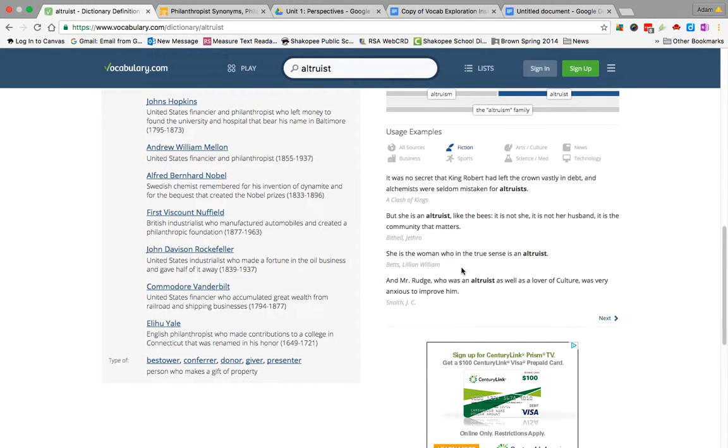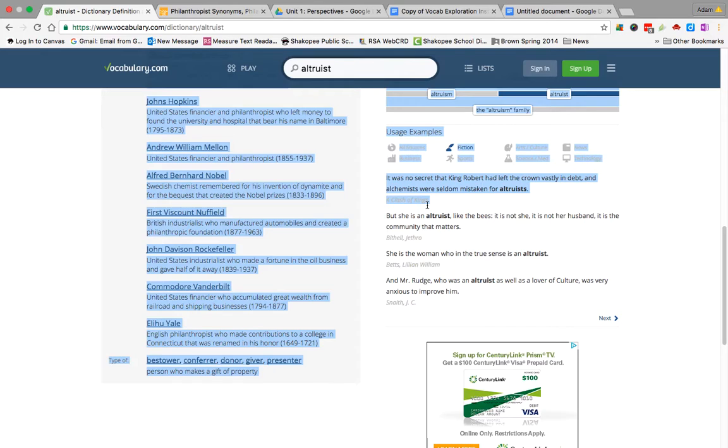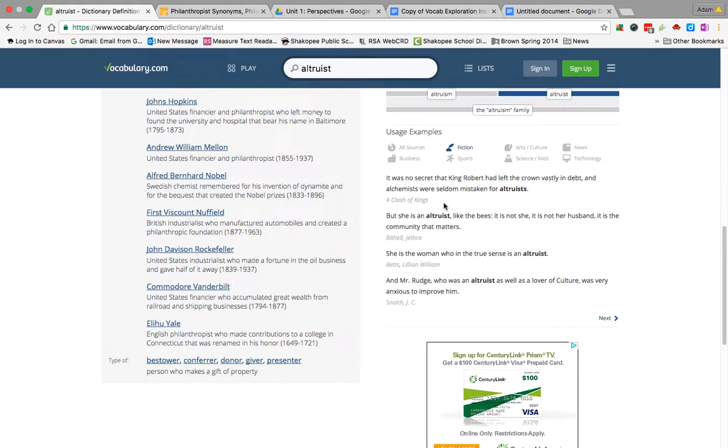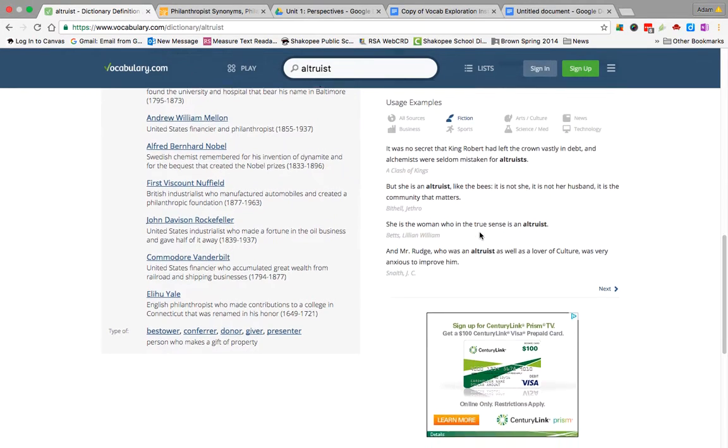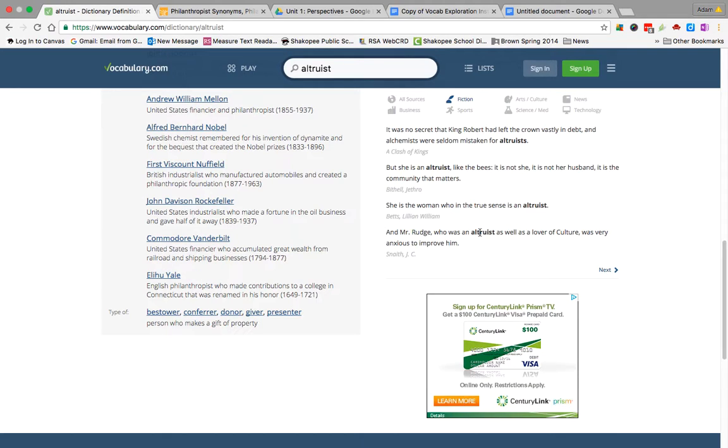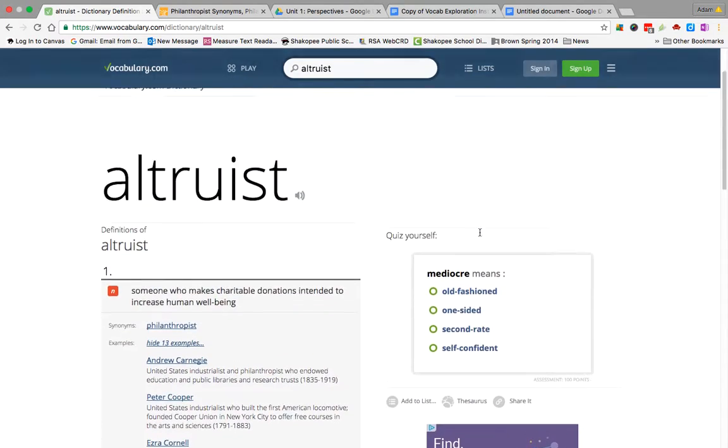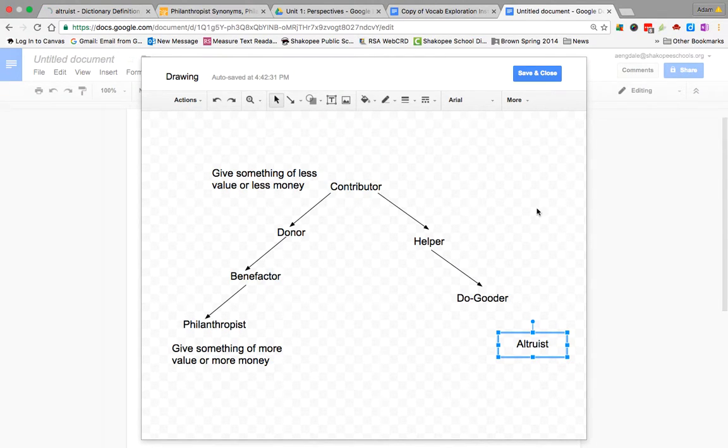They were seldom mistaken for altruist. She was an altruist, like the bees. It is not she, it is not her husband, it is the community that matters. That seems like a bigger deal. She's a woman who in the truest sense is an altruist. An altruist as well as a lover of culture, anxious to improve him. So it seems to me that an altruist might even be bigger than a do-gooder, so it seems like my pattern might have been right.